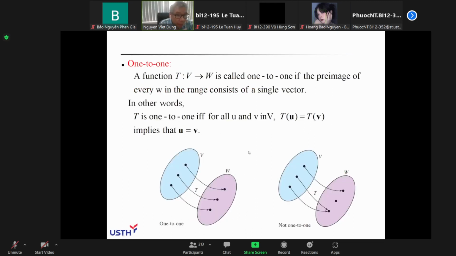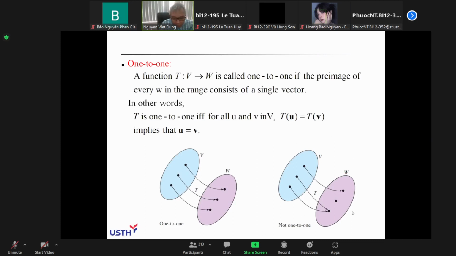After that, we study what we call one-to-one and onto mappings. So what is one-to-one? It means that one vector in the range can be the image of only one vector in the domain. That picture illustrated a map which is not one-to-one. Why?